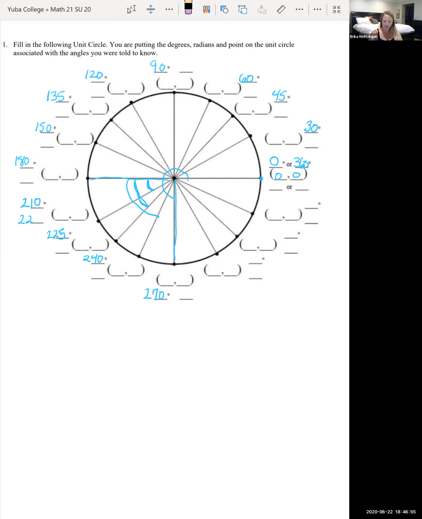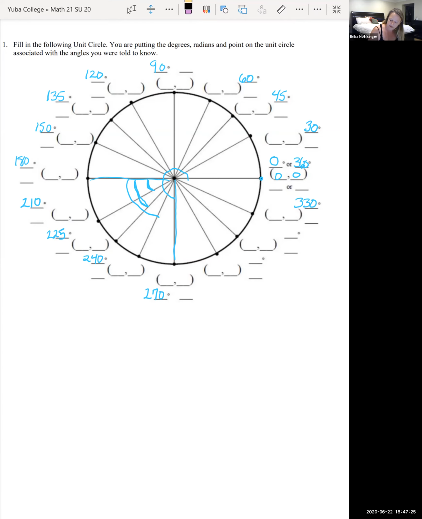Thinking of our reference angles from our fourth quadrant, they are going to be with the positive x-axis. We have 360, and if we subtract 30 degrees, that would give me 330.